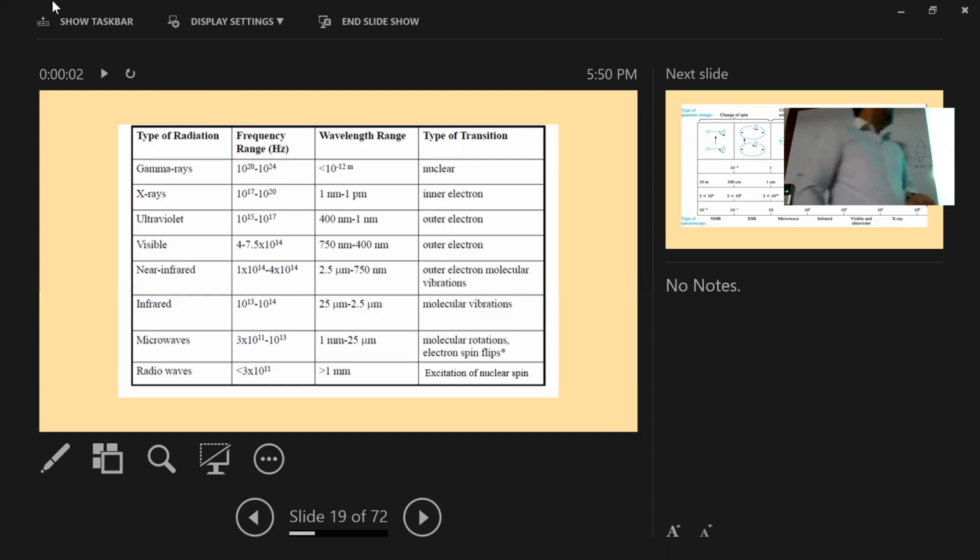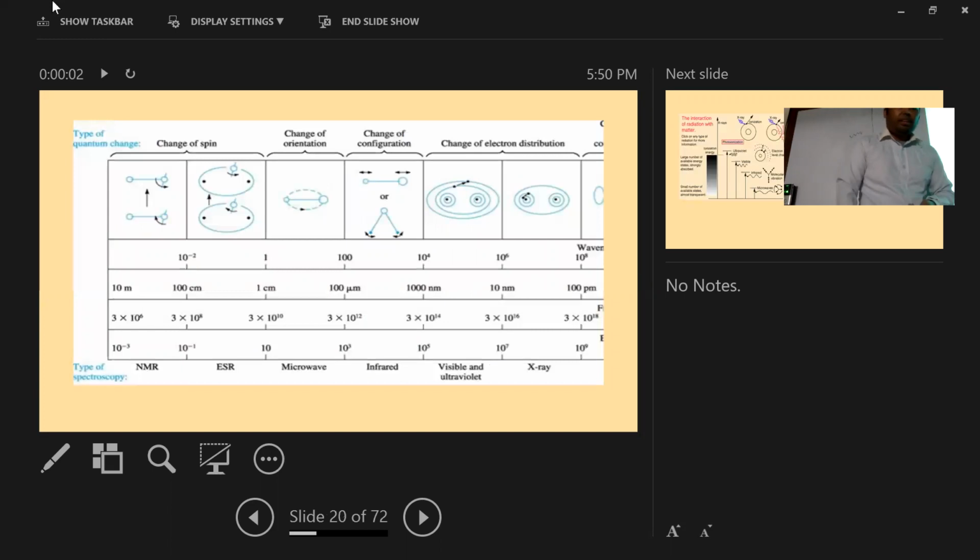So we are not going to learn anything more about the X-ray. Just up to this. And then, here, different types of bonds, or what types of energy we are giving, and how we can change the spin.